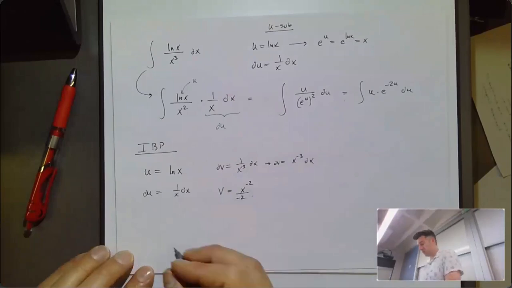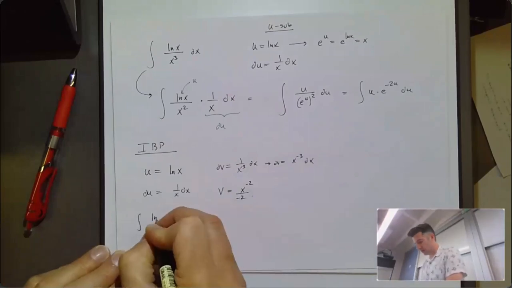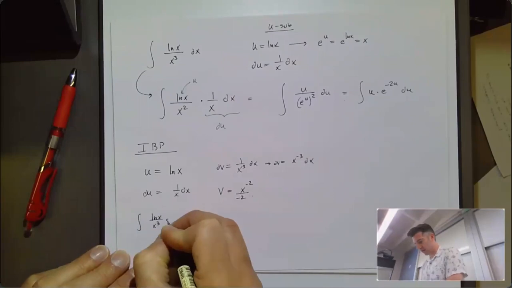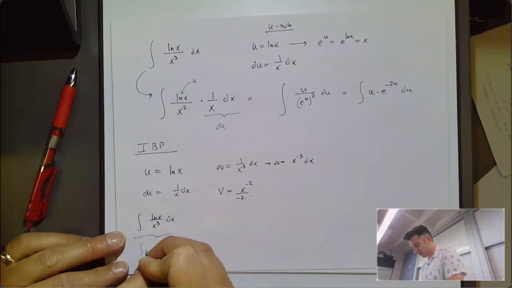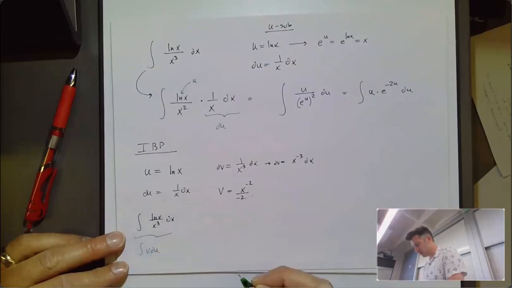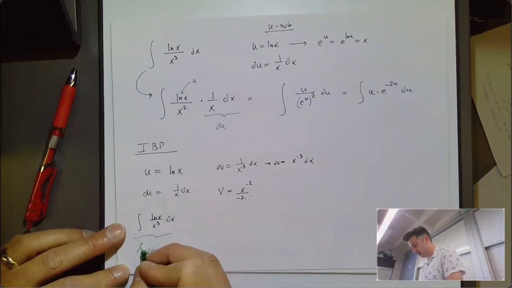And then we're going to rewrite it. Our integral of the natural log of x over x cubed dx, which is our integral of v du. That's not right, sorry. That's our integral of u dv.